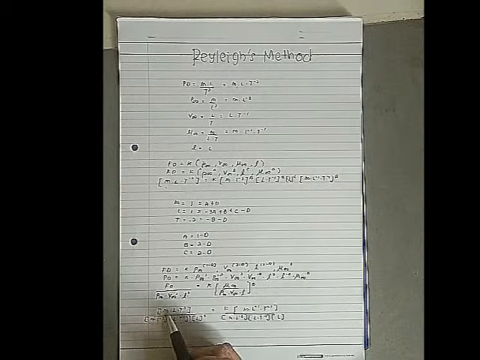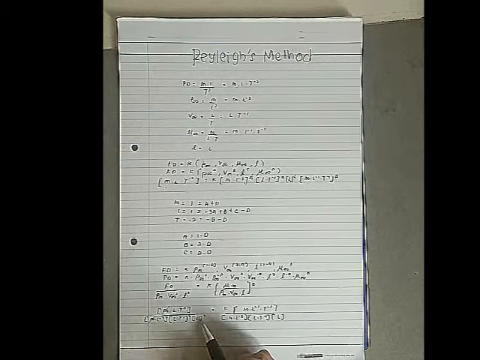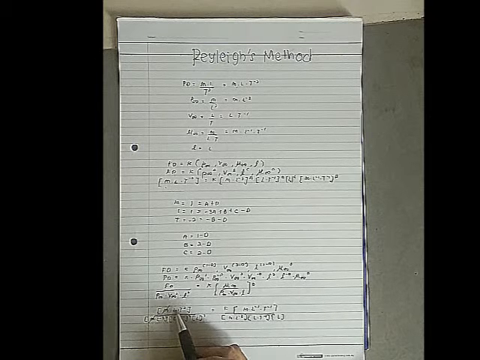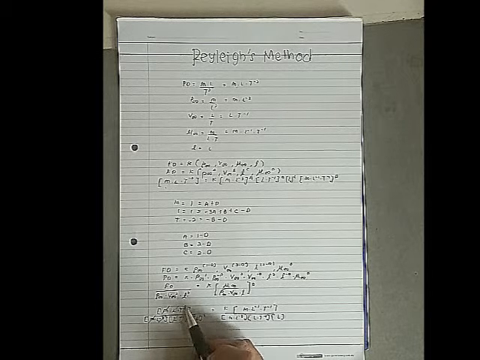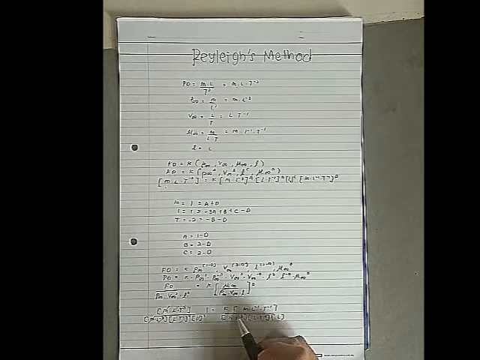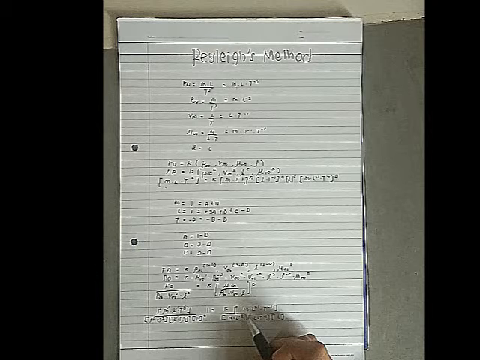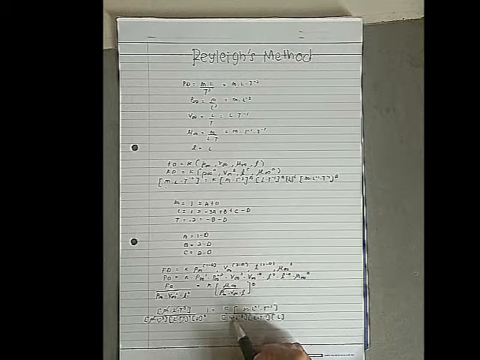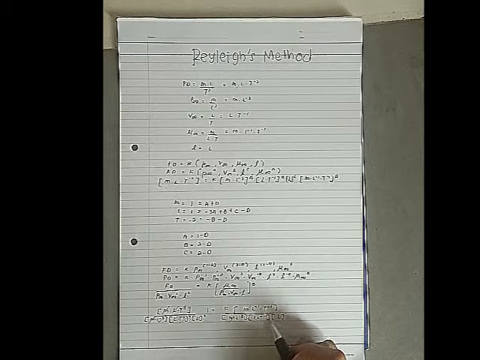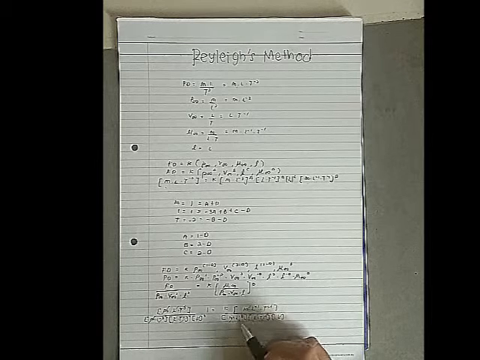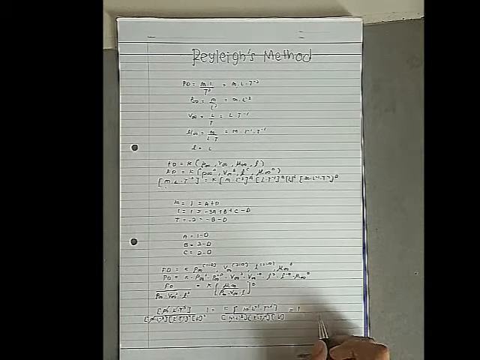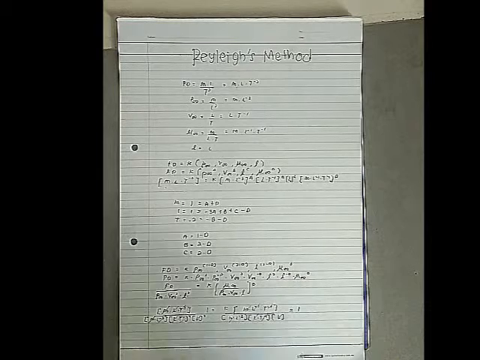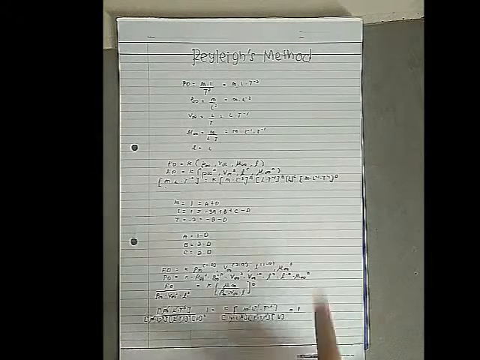So M, L, and T cancel after you calculate it, and it will become 1. This here also becomes 1. M, T, and L must always become 1, or else you need to calculate from the start. That's all for the Rayleigh method.